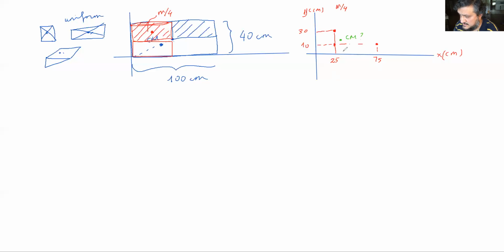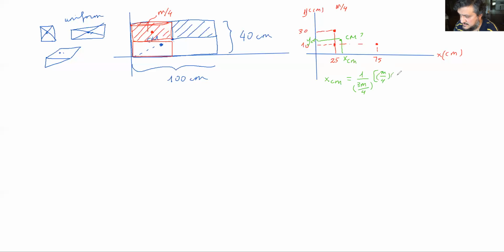So this will have an x coordinate, x center of mass, and it'll have a y coordinate, y center of mass. And the x center of mass will be 1 over total mass, which is 3m over 4. And now let's go one by one. This one here, that mass is m over 4.